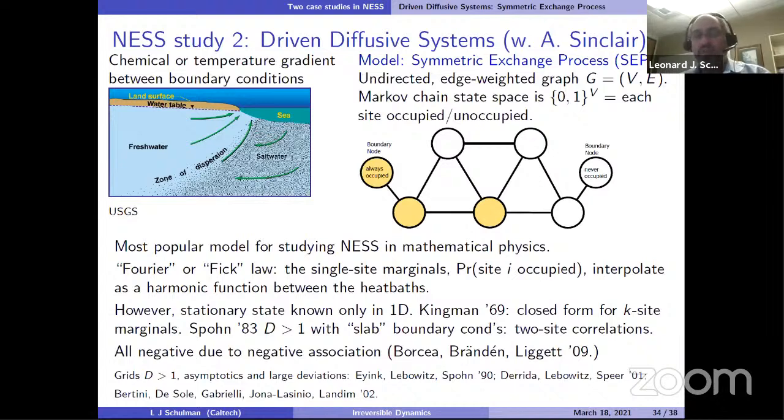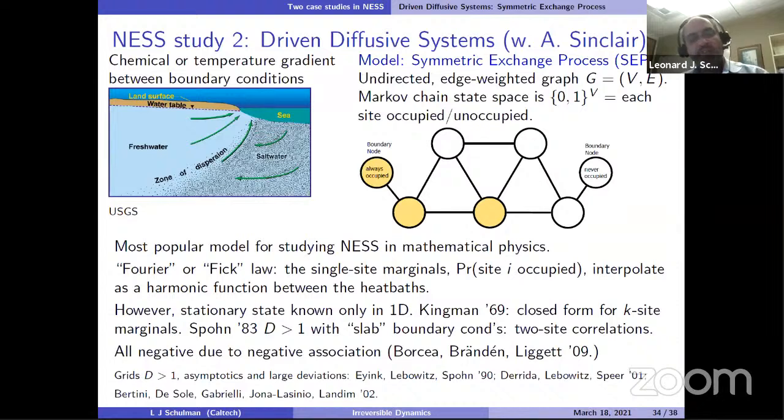Very little is actually known about it outside of the one-dimensional case, just the line. There's a wonderful paper of Schulman from 1983 that says something about very special systems in a higher dimension, but just slab boundary conditions.